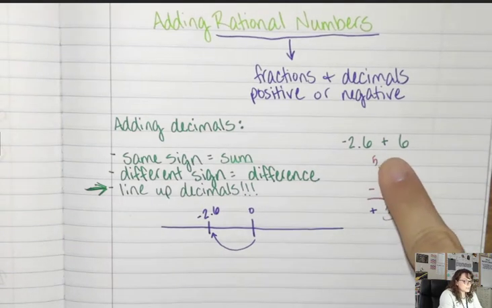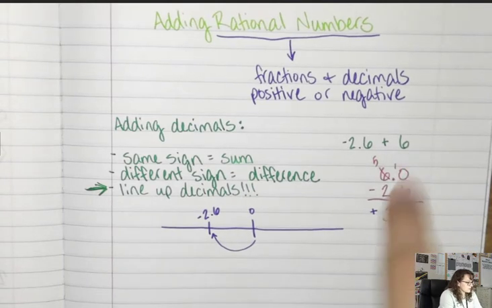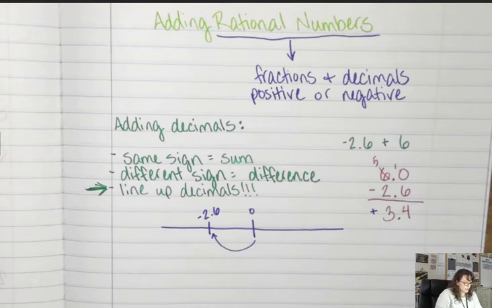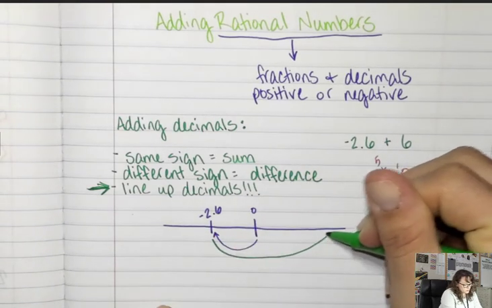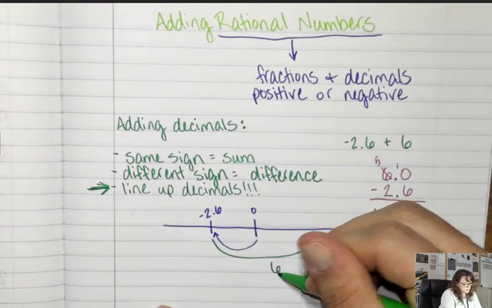Then the second number tells me what to do next. I need to go up 6. So I need to turn it around and go up 6.